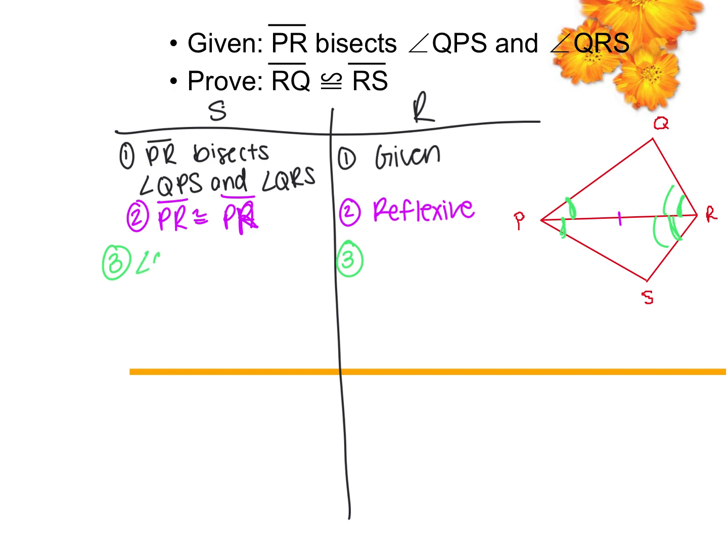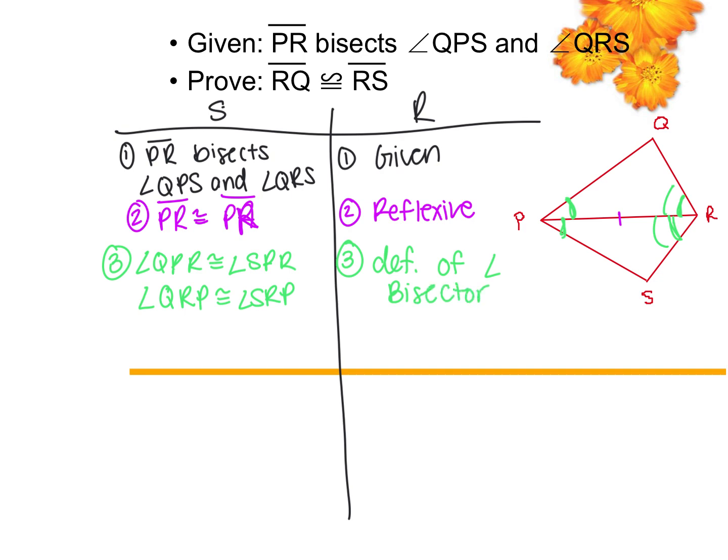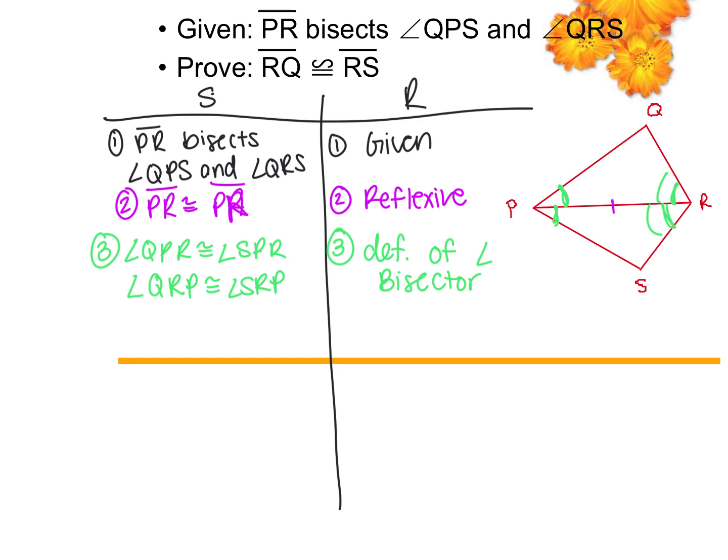I'm going to have angle QPR is congruent to angle SPR. And I'm also going to have angle QRP is congruent to angle SRP. And both of these are definition of angle bisector. All right, I labeled everything. I have all my information written down.